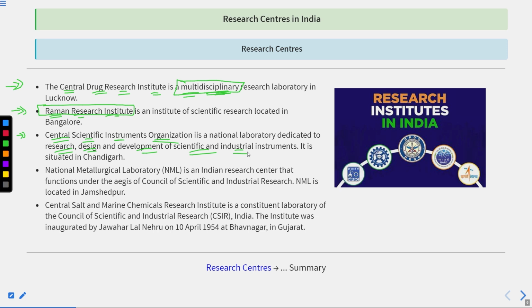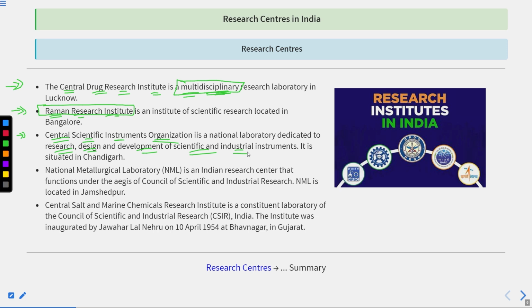And in order to fulfill all these things, we need to develop them within our country so that we should not be dependent on outer countries for their supplies. In order to achieve this, we have our own Central Scientific Instruments Organisation. Okay. So that we could develop these things within our country only.